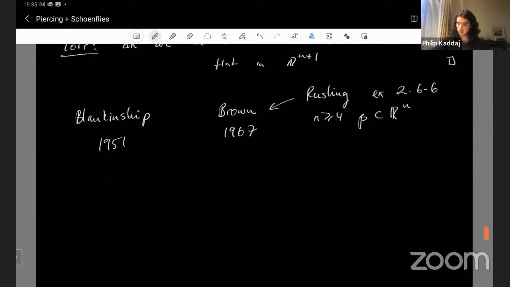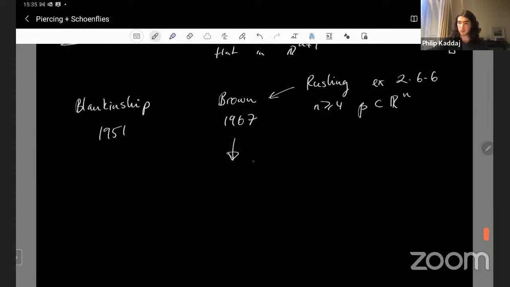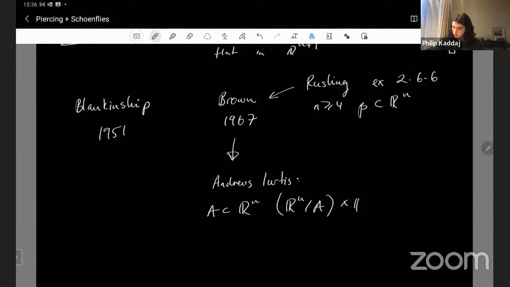Its construction uses the following theorem, which I think is due to Andrews and Curtis: if A is an arc in Rn, then Rn quotient A can be viewed as a locally compact metric space by Urysohn metrization. Then if we take its product with R, this is homeomorphic to Rn plus 1.